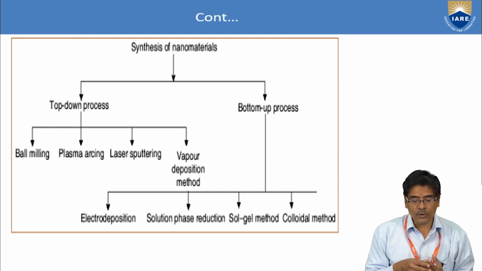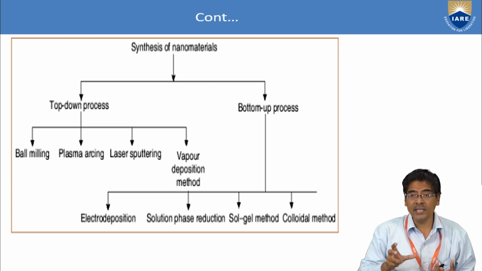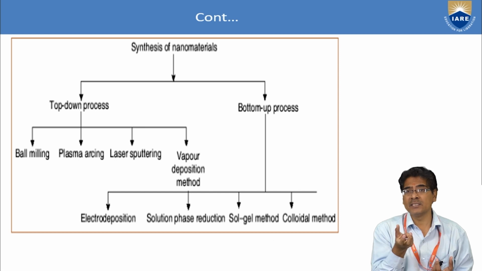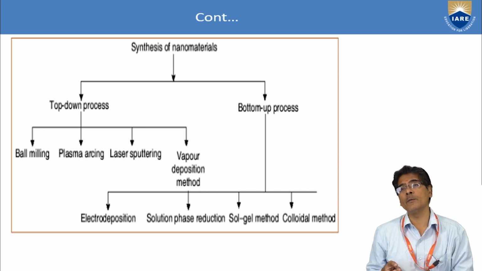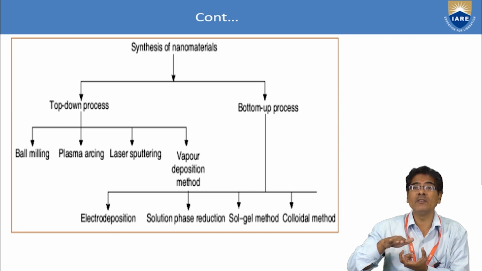So in the top-down process, we have the ball milling method, and plasma arcing, in the sense that an arc of plasma will be generated, and laser sputtering. Laser sputtering is nothing but deposition of solid material on a liquid phase, right?